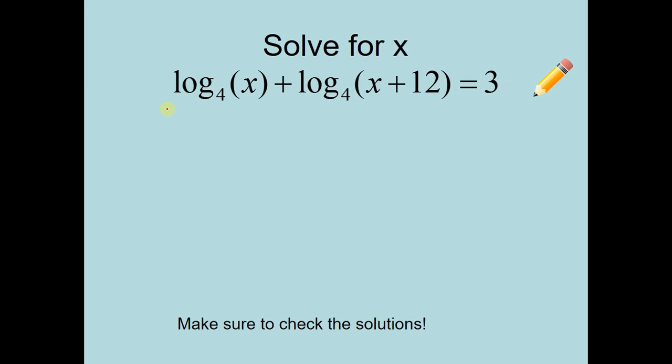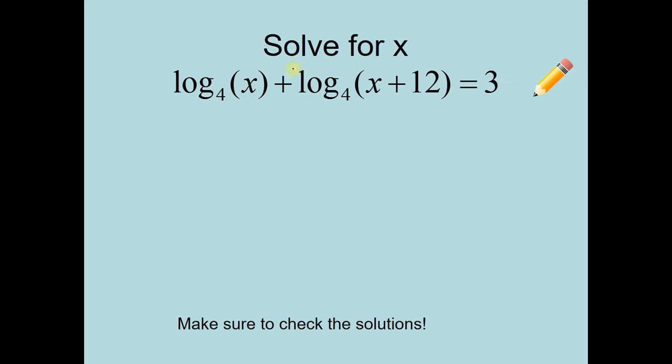Now, let's look at this guy. He is quite big. Now notice, guys, I have 2 logs on this side, and they are added together, which makes me curious, can I condense them? Because remember, if I have 2 logs and I'm adding them together, technically I can just multiply the insides of the logs.